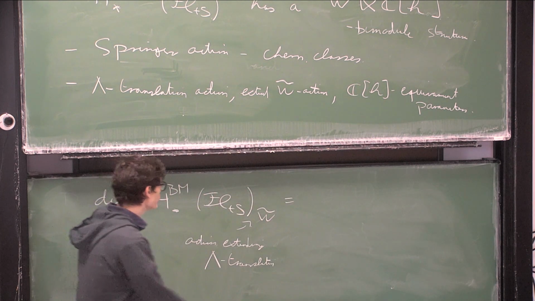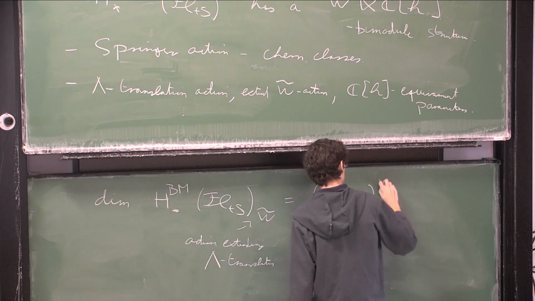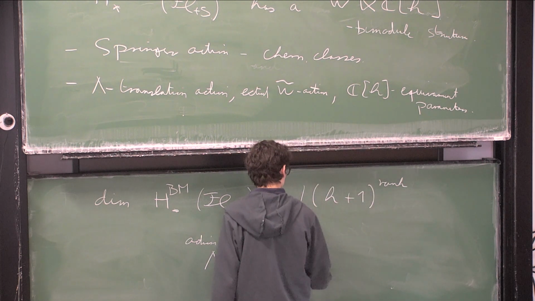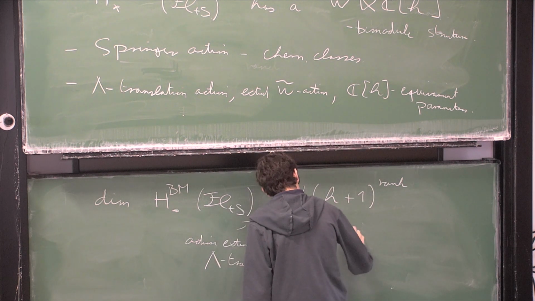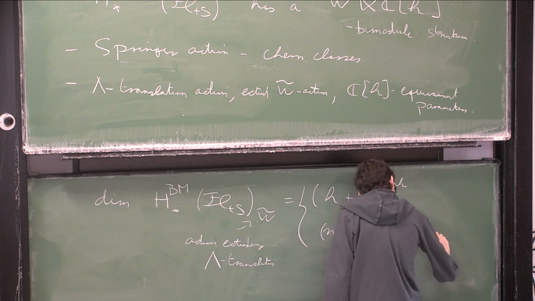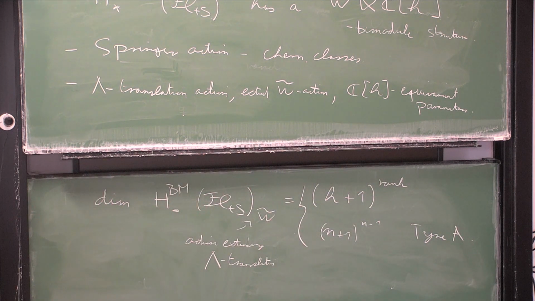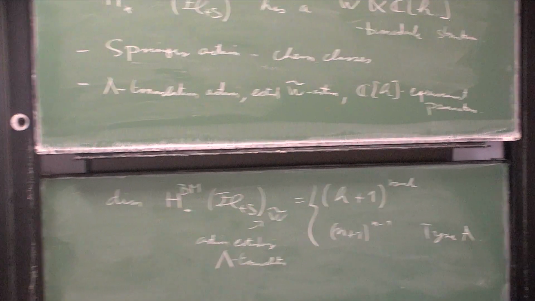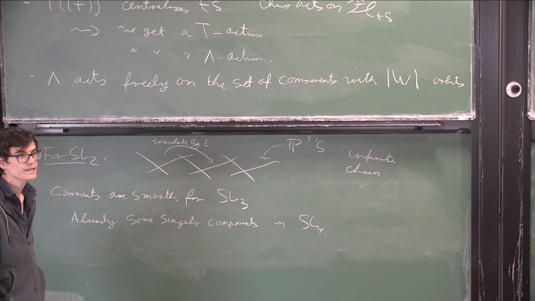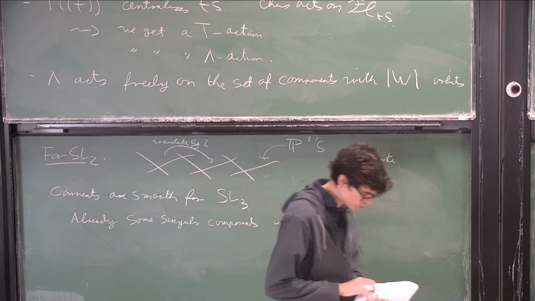This, in general, is the Coxeter number plus 1 to the rank, or in the case of type A, n plus 1 to the n minus 1. Here we see again this number, and this, or really the dual of this, is what we're going to want to relate to the center of the small quantum group.